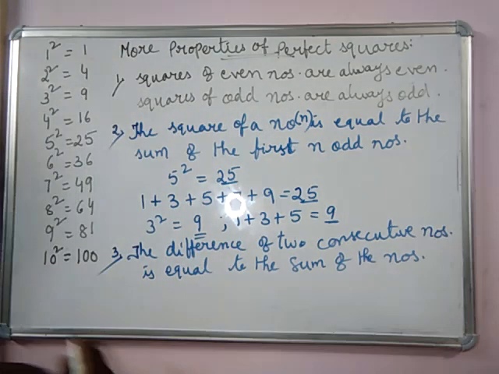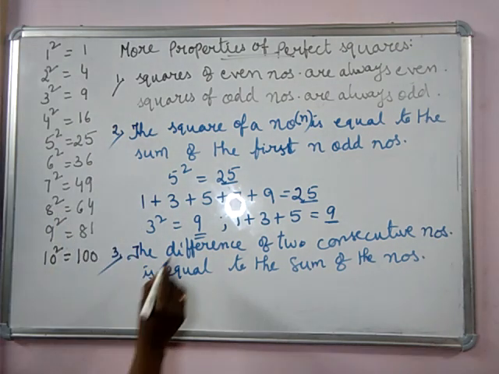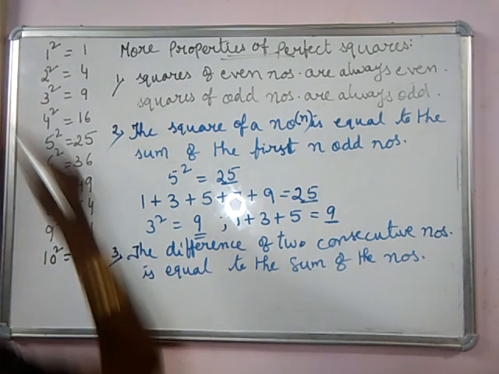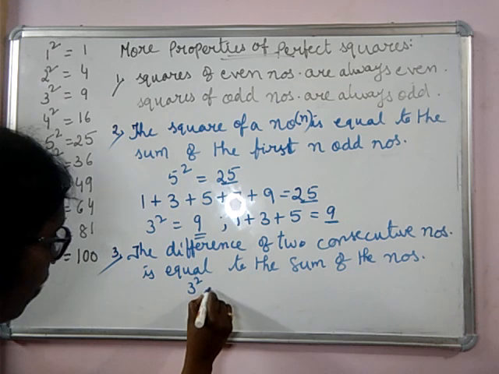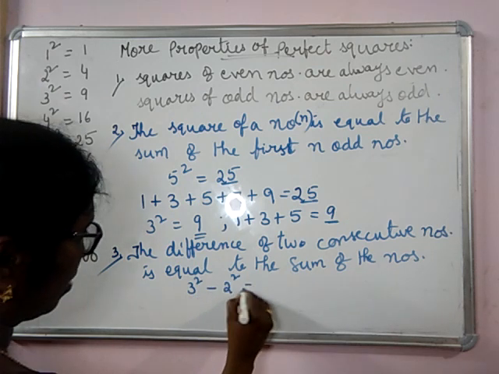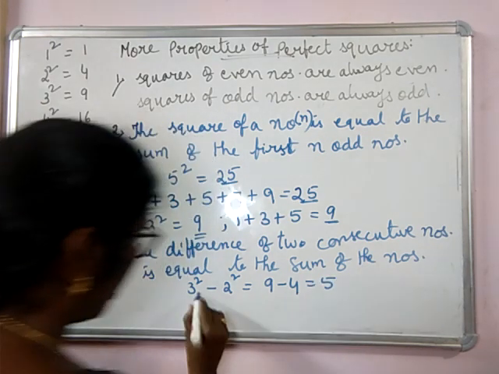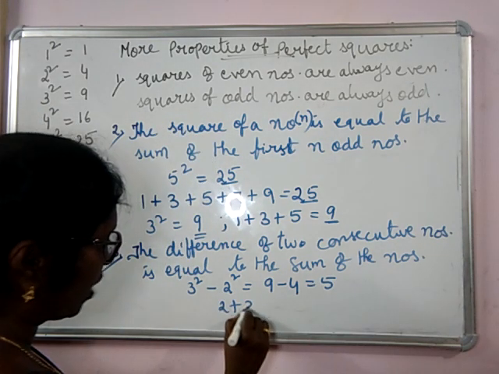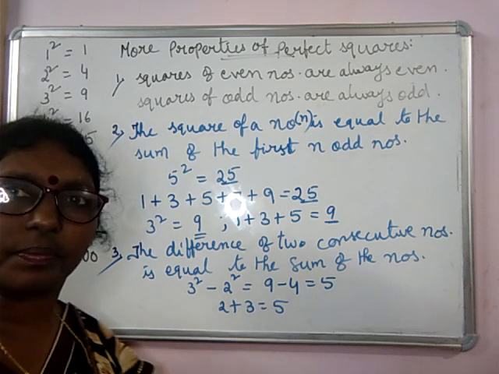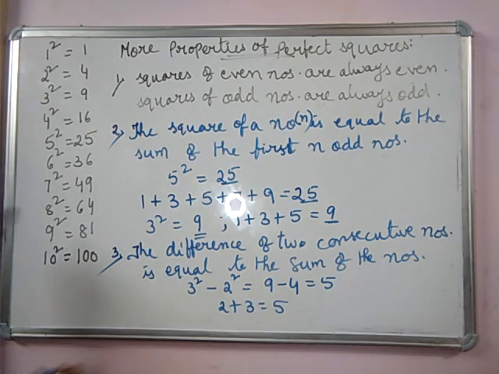What is that? Suppose we take consecutive numbers 2 and 3. 3 square minus 2 square. 3 square is 9, 2 square is 4, the difference is 5. So 2 plus 3 is 5, or not? Clear? Any number you can take.